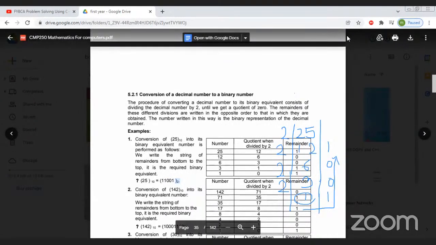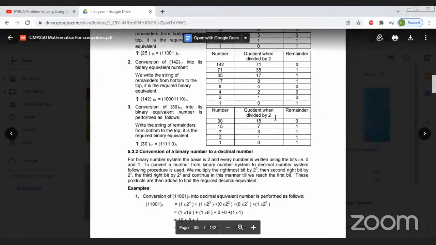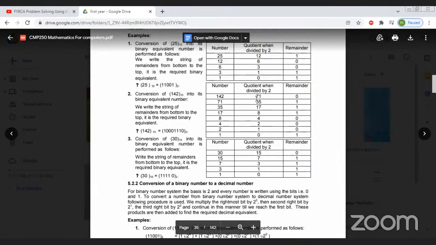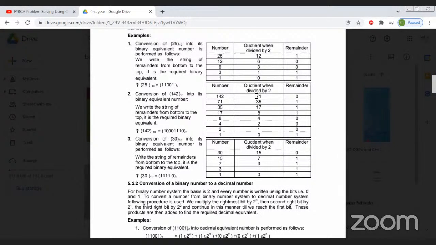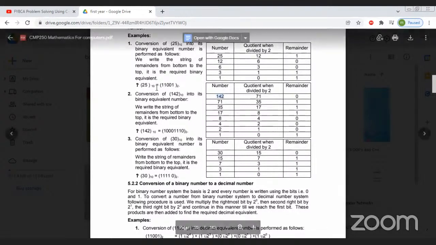Let's take an example from your book. Let's see, 71 is there. Now you have to, sorry, 142 is there, na? Okay. So your number is 142 and you have to convert it into a binary number. So just imagine, should I draw the line?